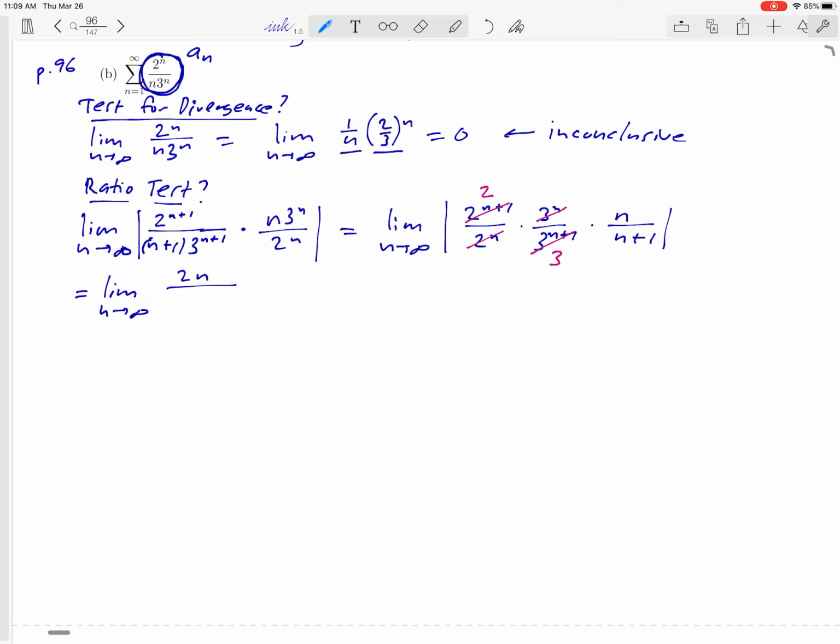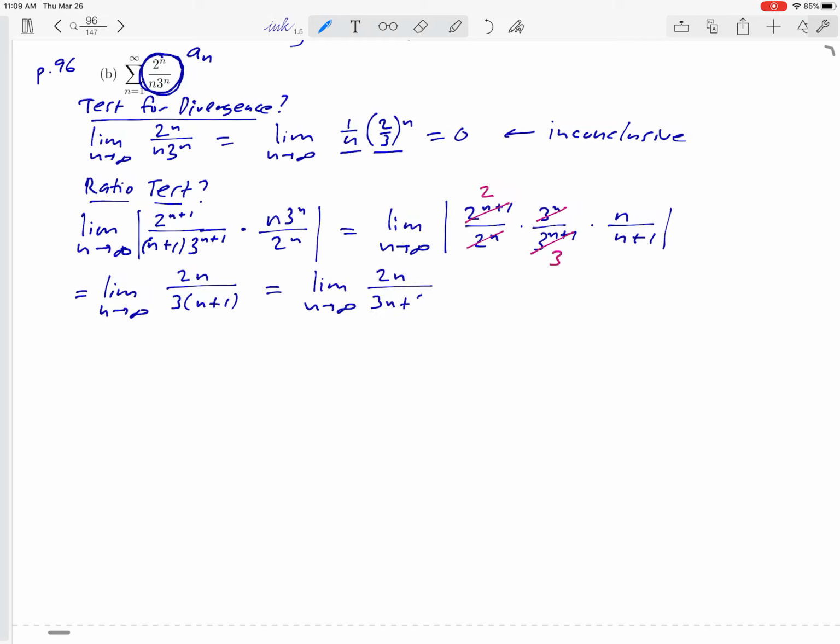Let's rewrite what we've got. We've got a 2 and an n left over in the top, and in the bottom we've got a 3 times an n plus 1. That's what we need to take the limit of. Notice that I dropped the absolute value signs. We can get away with that because everything is positive.